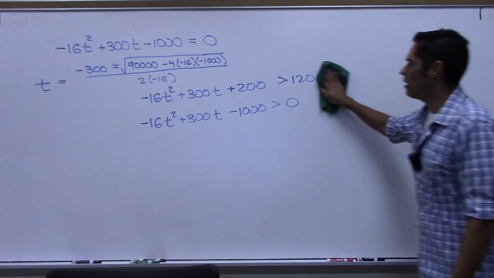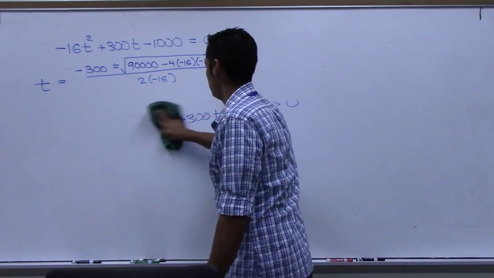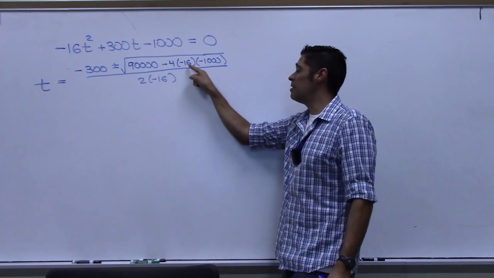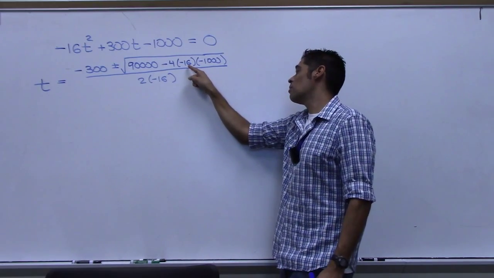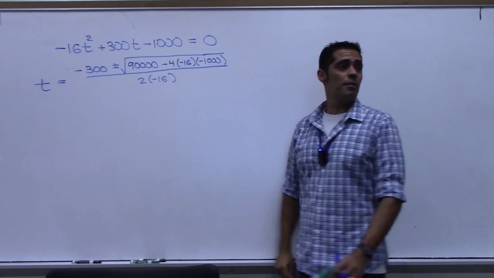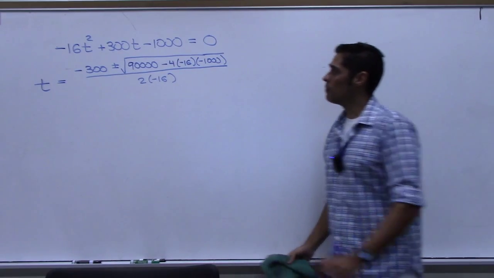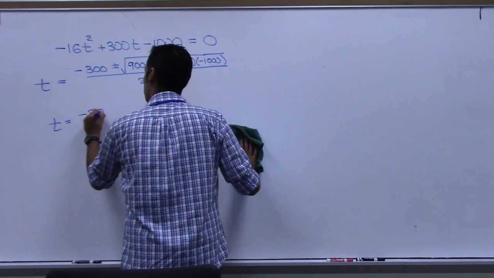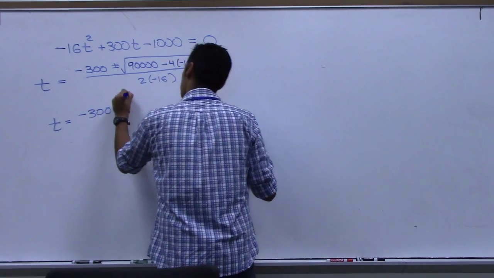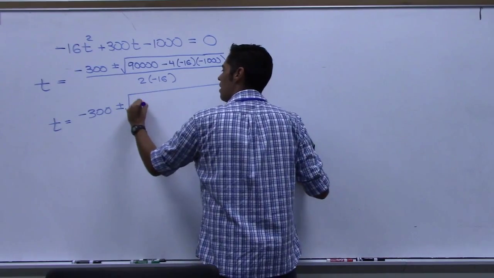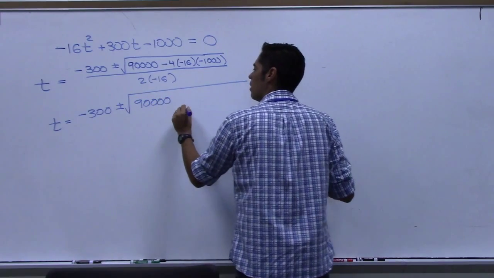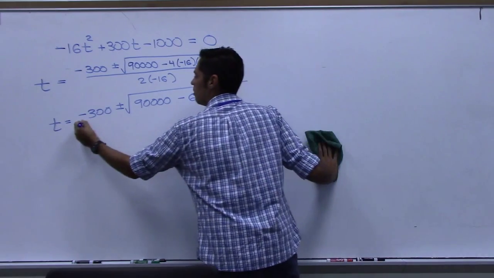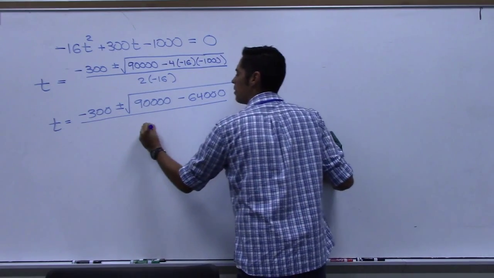The numbers are going to get kind of big. Let's see, help me out here. 4 times 16 is 64. It's negative 64,000. So t is equal to negative 300 plus or minus 90,000 minus 64,000, which is 26,000 over negative 32.